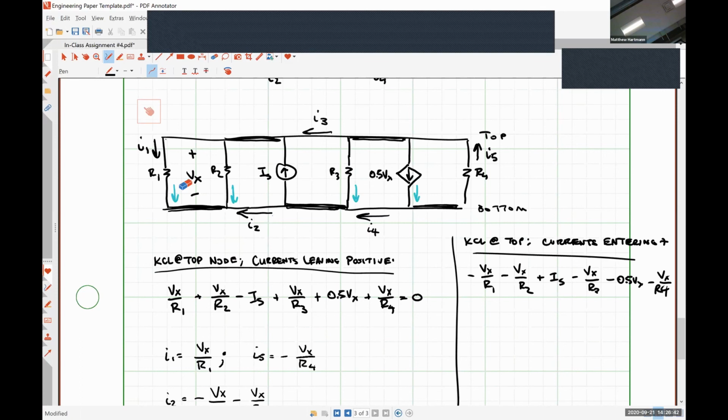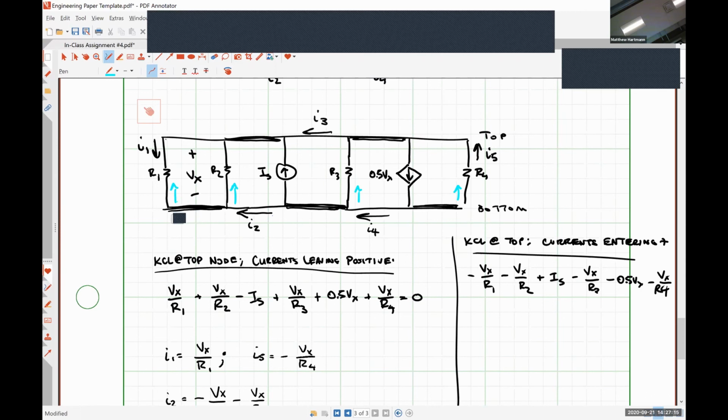If instead we chose the currents all flowing up, our expression would not change one bit. The reason is that this current is flowing into the negative polarity terminal.